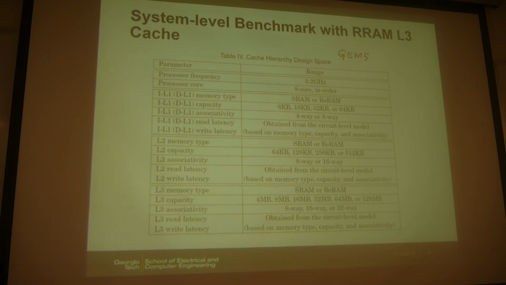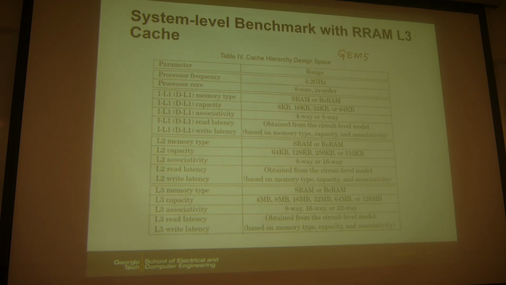And here this is the design spec. So for example, you can define the clock frequency, and then L1, L2, L3 cache, you can have different options, SRAM or RRAM, different capacity. And then the SRAM, RRAM parameters, like the latency, area, energy, will be calculated by NVSim.